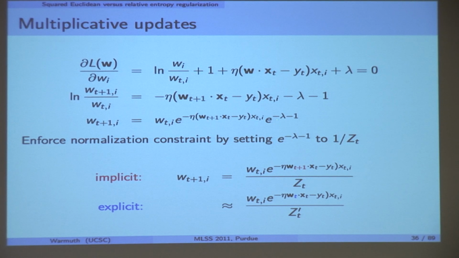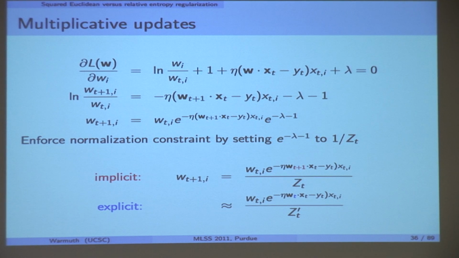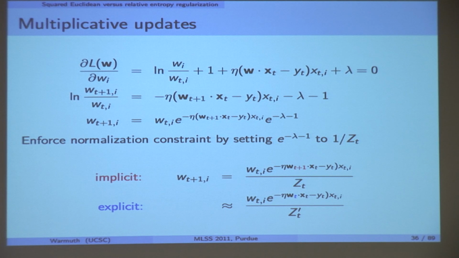The Lagrangian term is still here, a constant. But if you force the derivative with respect to the Lagrangian multiplier to be 0, that means this factor has to do the job of normalizing all these weights so that the total weight on the wt plus 1 is 1. So this is a little bit too much in a talk. I apologize. But you get then this update.